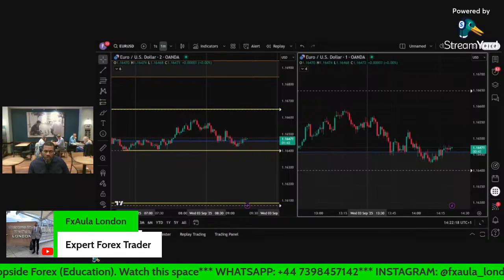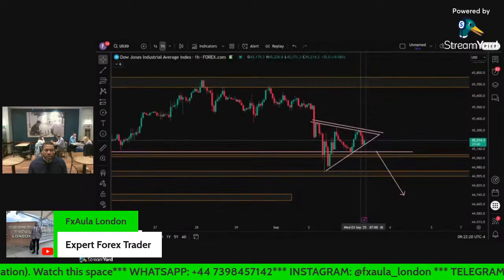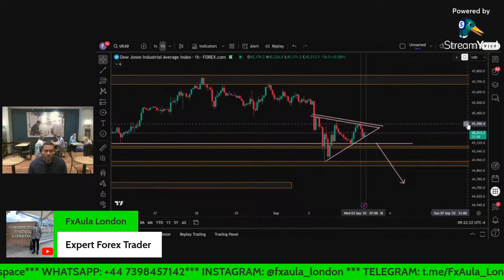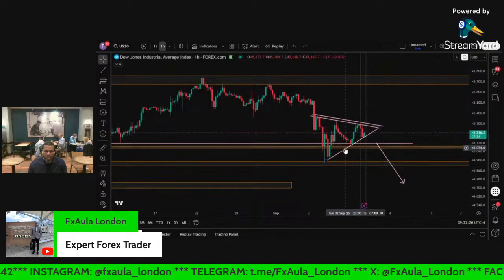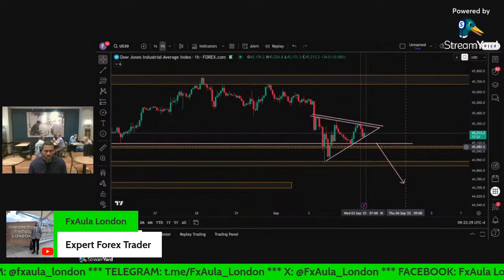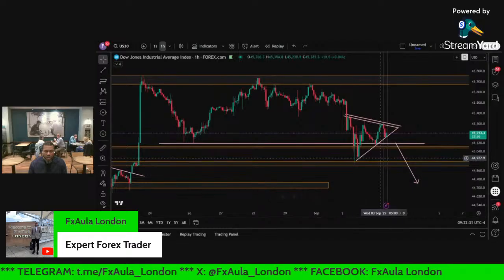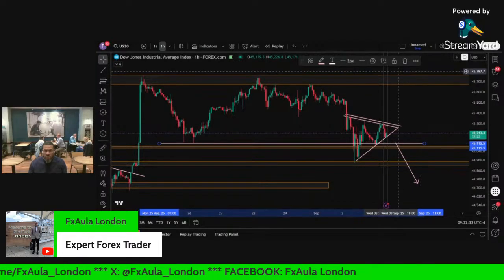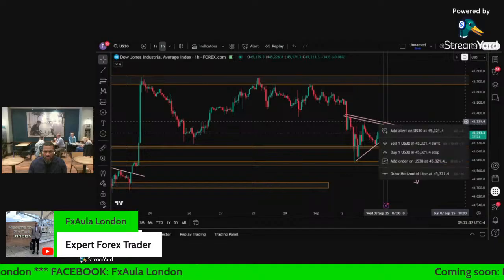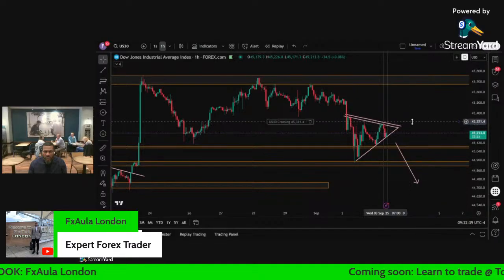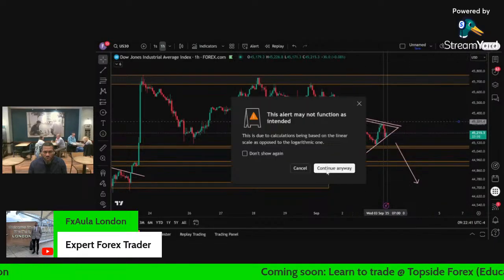I'll put an alert on the left. Okay, so this is the symmetrical triangle I was talking about in US30. I'm going to place those two and remove this further.